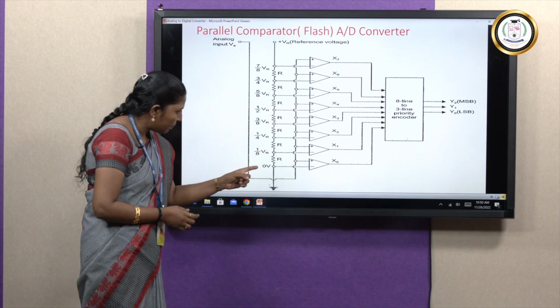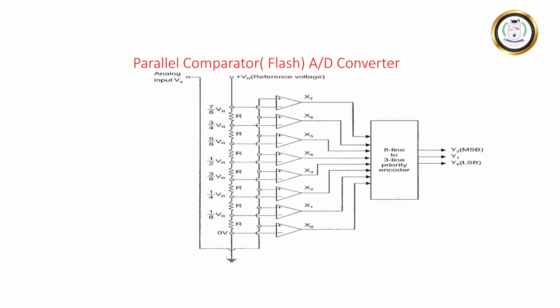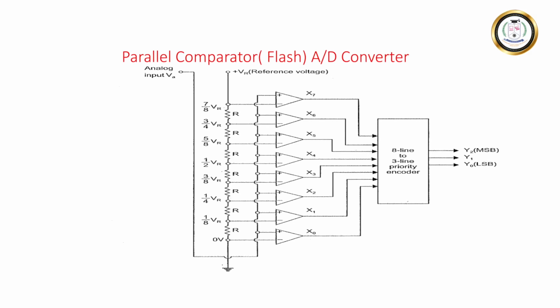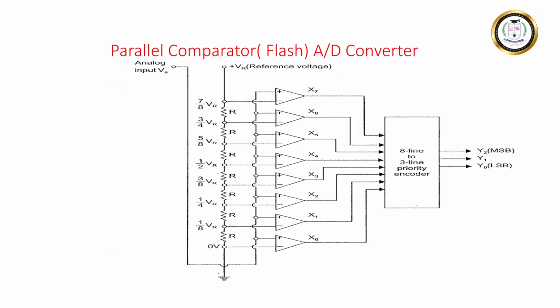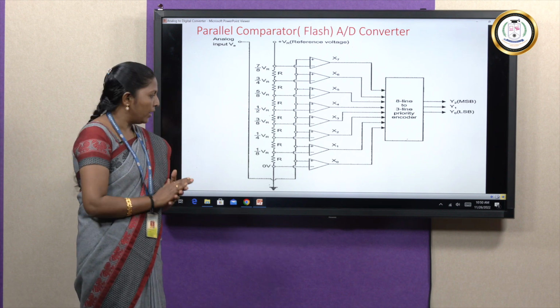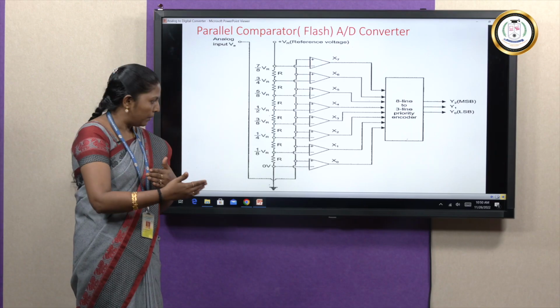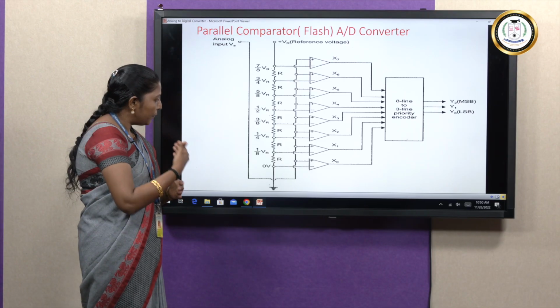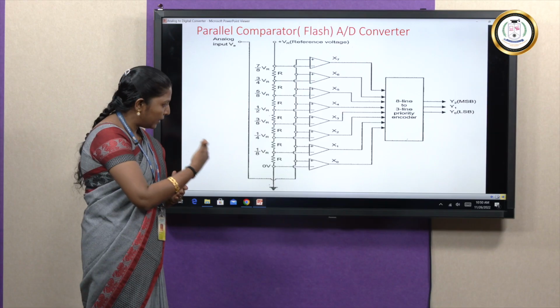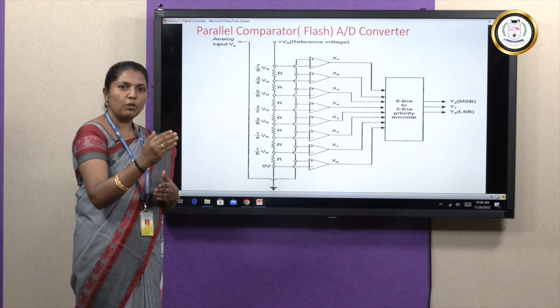A comparator has two inputs, one is given to the plus and the other to the minus, where plus represents the non-inverting terminal and minus represents the inverting terminal. Each comparator has 2 inputs and 1 output. The output depends upon the larger value of plus or minus, that is, if the signal is high at the non-inverting terminal, the plus signal, the output will be a high signal, which is equivalent to 1.